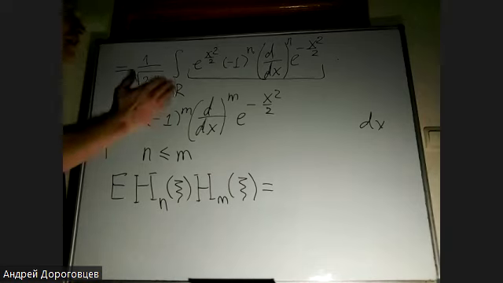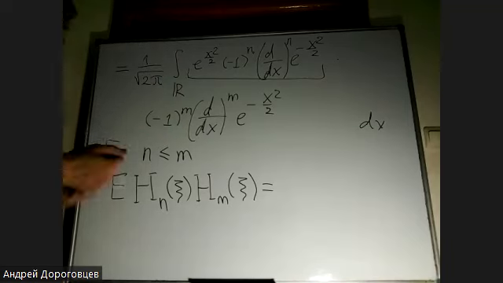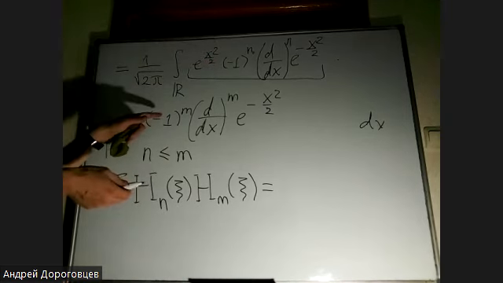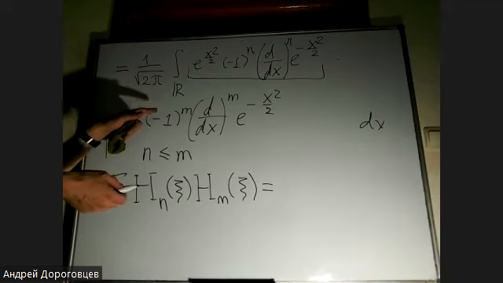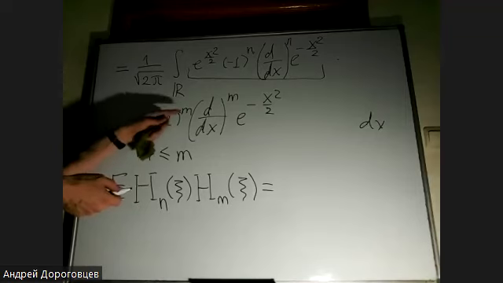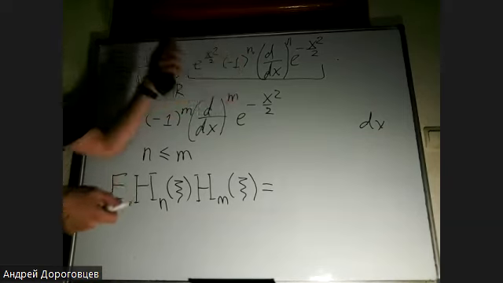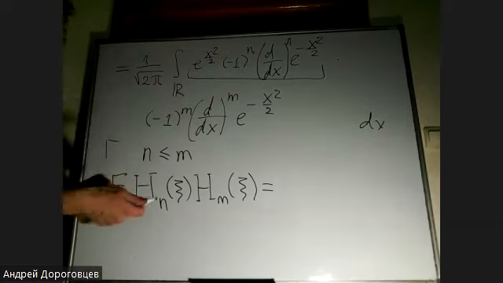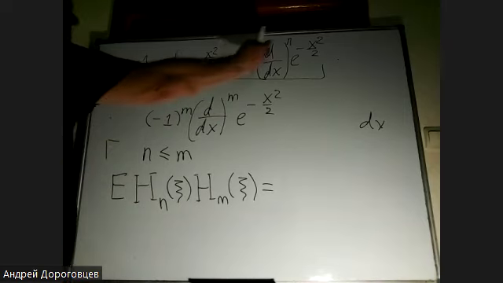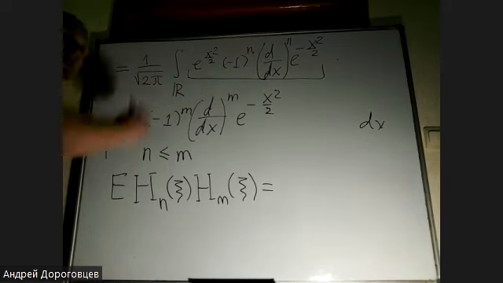So we have only new integrals, and see what happens. We will change the sign, so we will have minus 1 to the power n plus n, minus 1, minus 2, and so on. And then also we will affect the degrees of this polynomial, because we will take its derivative.